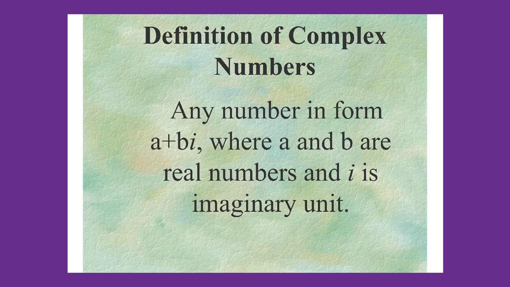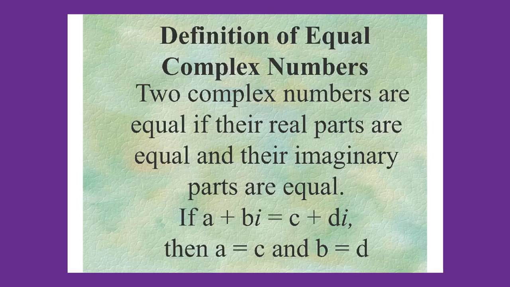Definition of complex numbers. Any number in the form a plus bi, where a and b are real numbers and i is the imaginary unit, we call a complex number. If two complex numbers are equal to each other, that means the real parts are equal to each other and the imaginary parts are equal to each other too.